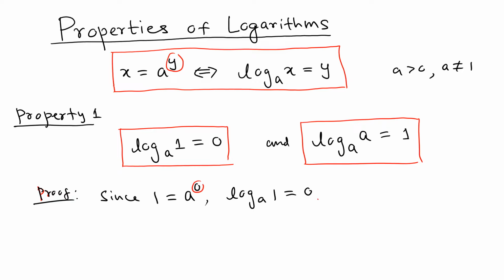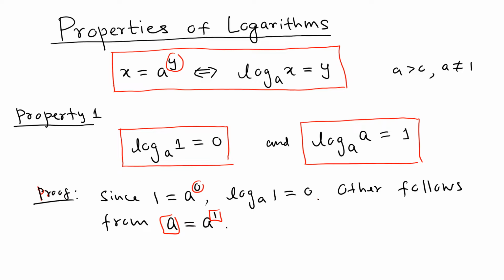That's very simple. That's the first one. And the other follows from the fact that you can write a as a to the 1. So if you write a using the base a, the index that you get, or the log, is 1. So that is how you prove the second one.